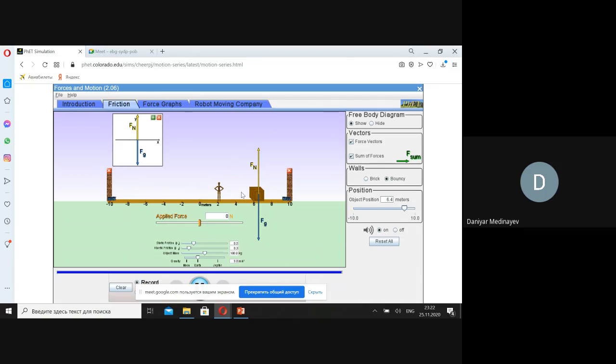And under these two forces, this box is in a condition of balance.